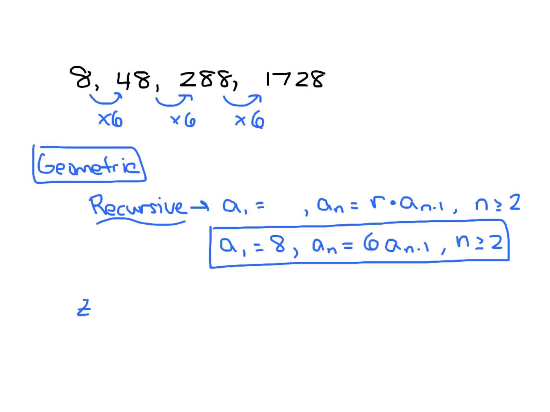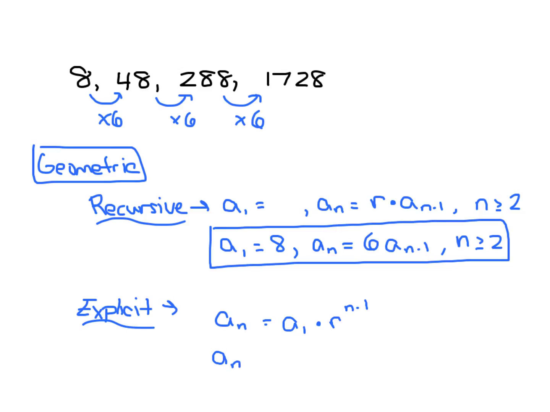And then to get this to be explicit, we can use the form for any term. We're going to look at the first term and multiply it by the common ratio to the n minus 1 power.